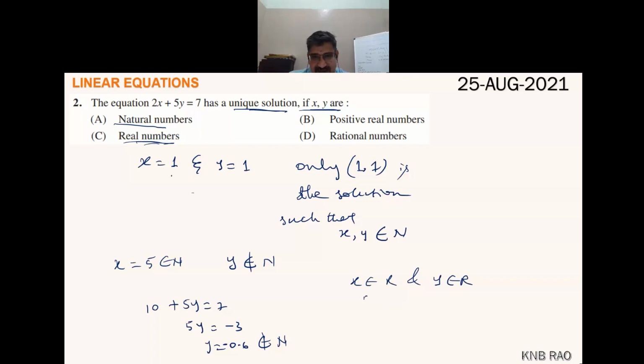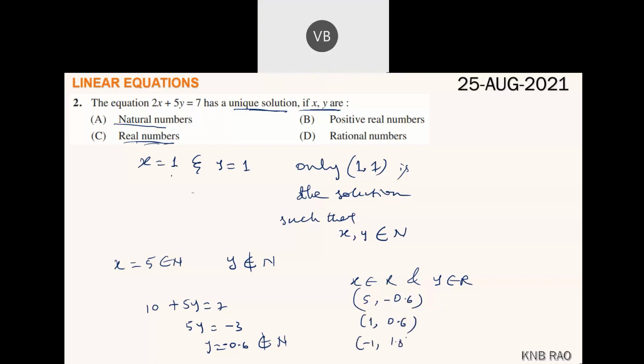Here itself, you have 5 comma minus 0.6 satisfying, and I found 1 comma 0.6 satisfying. I found minus 1 comma 1.8 satisfying, where one real number, another real number, I'm getting many options as solutions. Whereas in the case of x comma y both belonging to natural numbers, I have only 1 comma 1. Have you understood, Virupanna? Sir. Yeah, that's how.